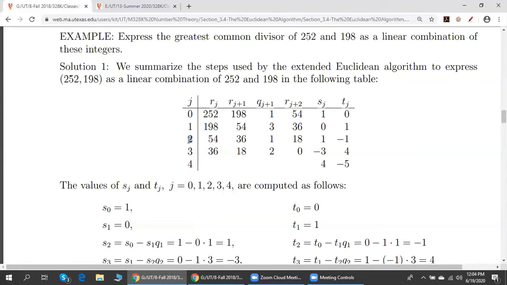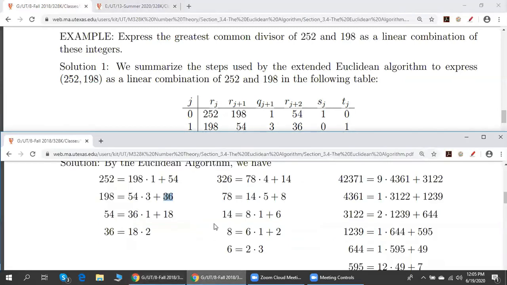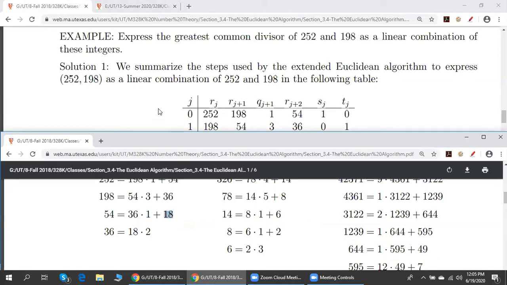Next, row number 3 starts from 2. We copy this number over here, this number over here. Then we divide 54 by 36 using the division algorithm. Quotient is 1, remainder is 18.